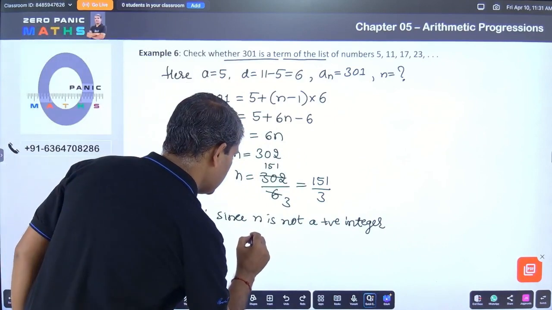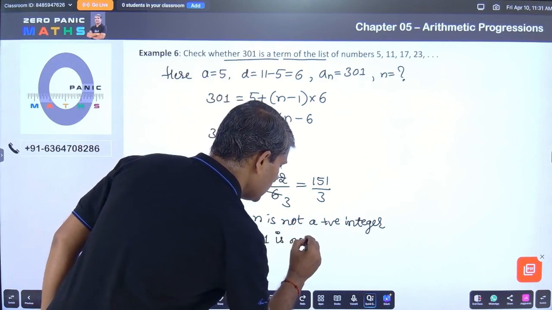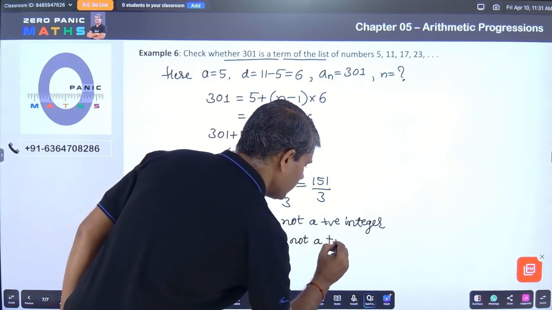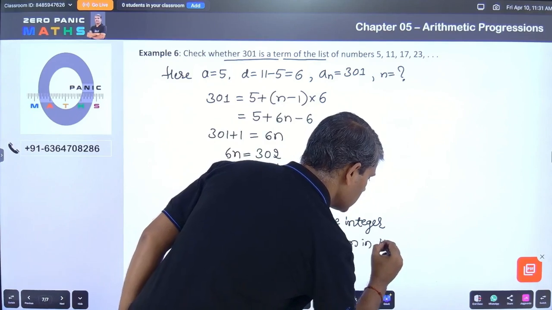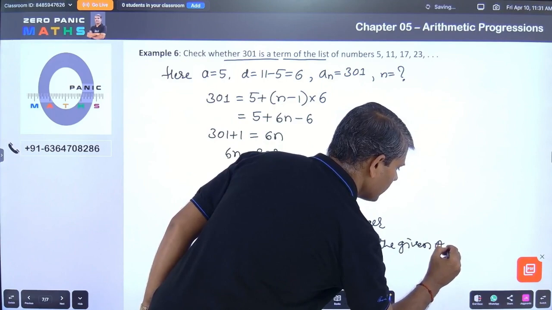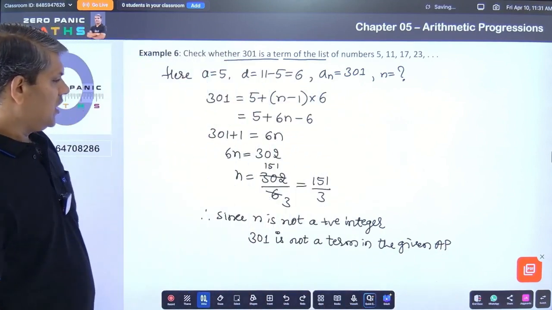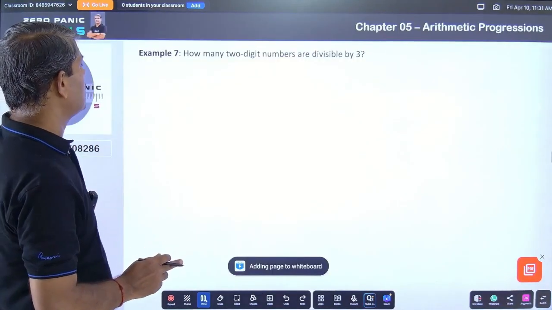You can write 301 is not a term in the given AP, given arithmetic progression. You understood this? Let us move quickly to the next problem.